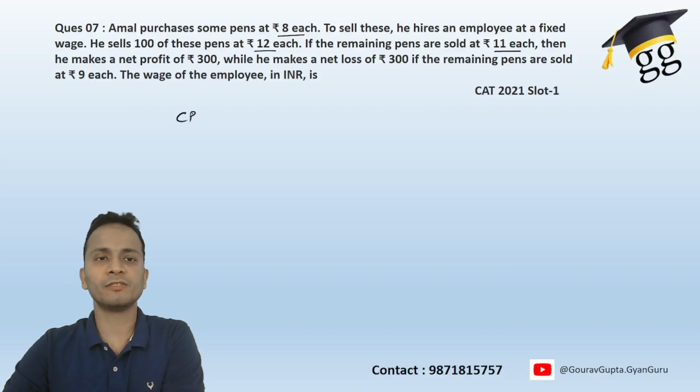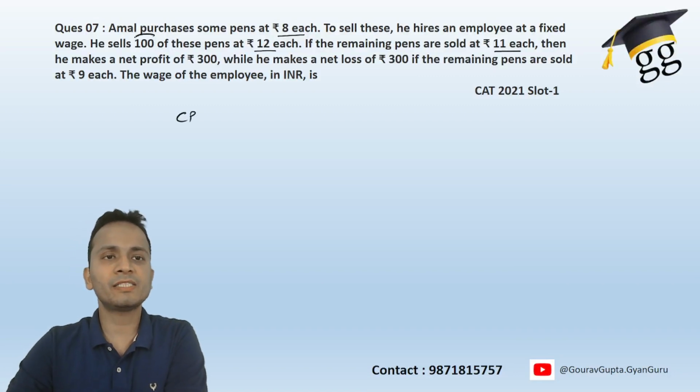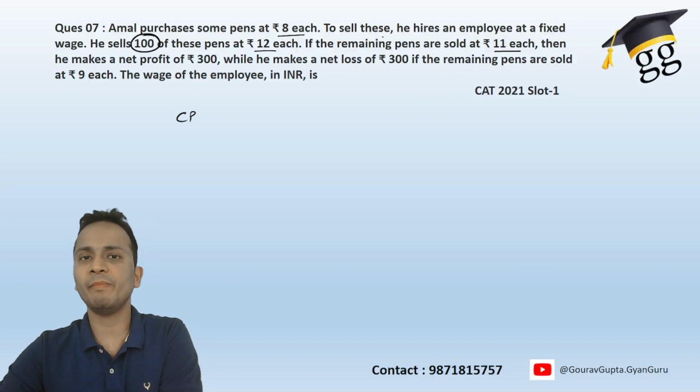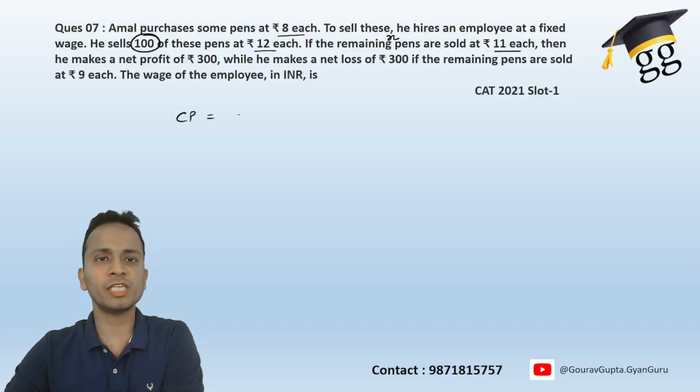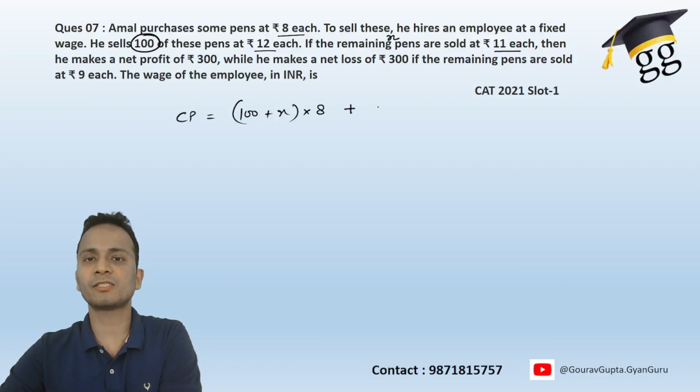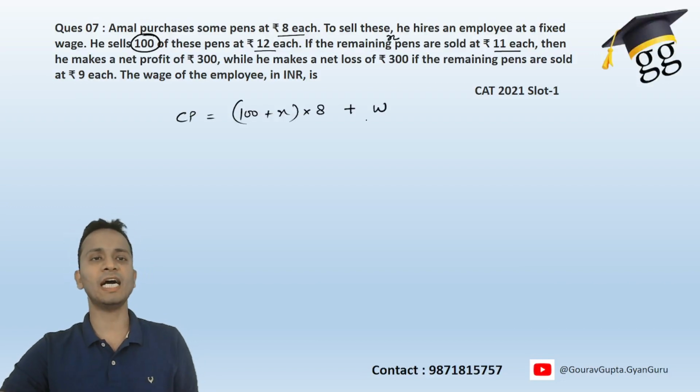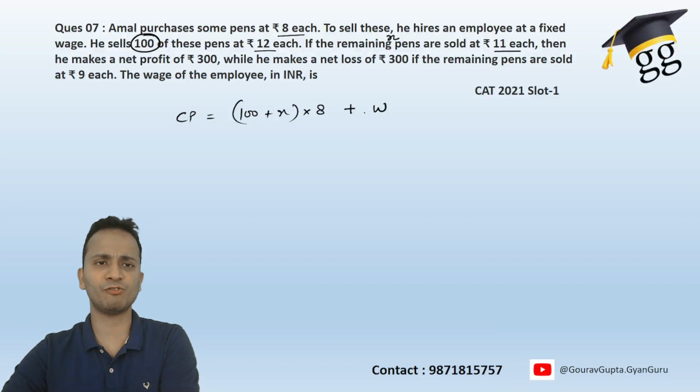So, costing, let's say 100 pens are sold at 12 each, and the remaining pens, let's say the remaining pens is equal to X. So, the costing will be 100 plus X number of pens which are bought at 8 rupees each, plus the wage at which he hires the employee. This is what we'll have to find out.